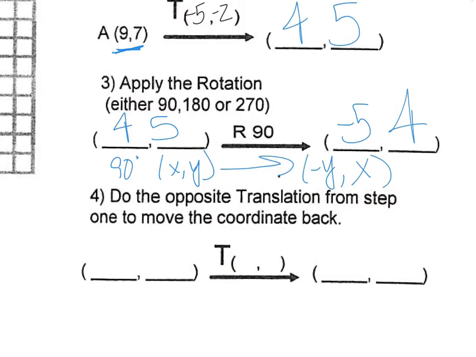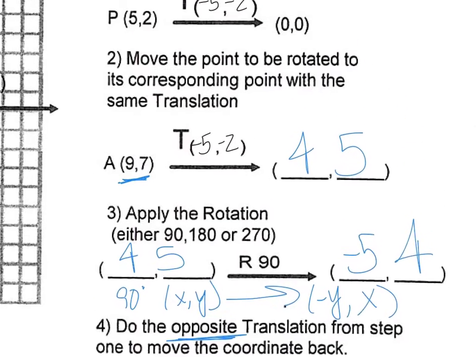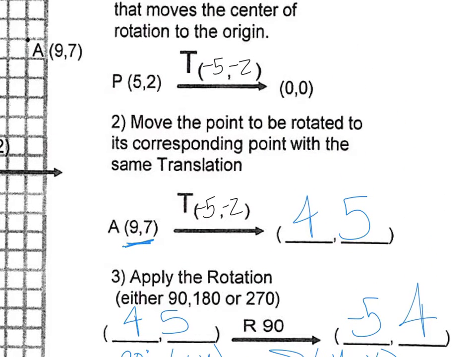Now, unfortunately, that is not the final answer. We have to take that same coordinate, (-5, 4), and do the opposite translation from step 1 to move the coordinate back. We go back up to step 1, and that translation was (-5, -2).